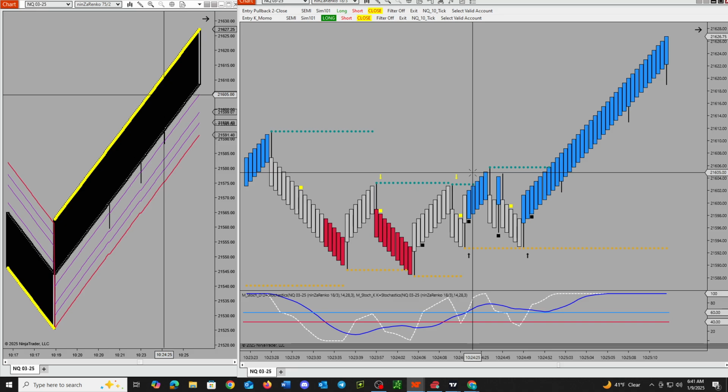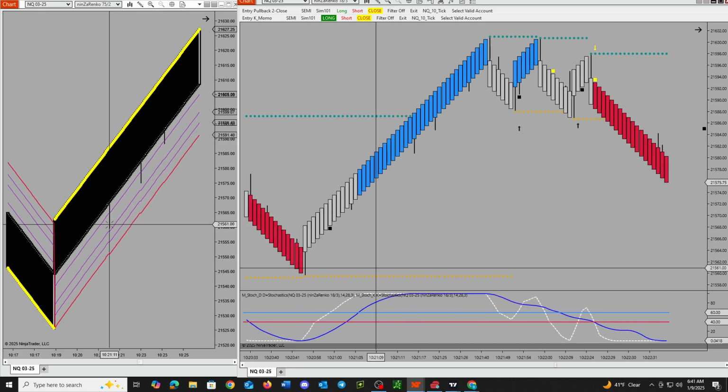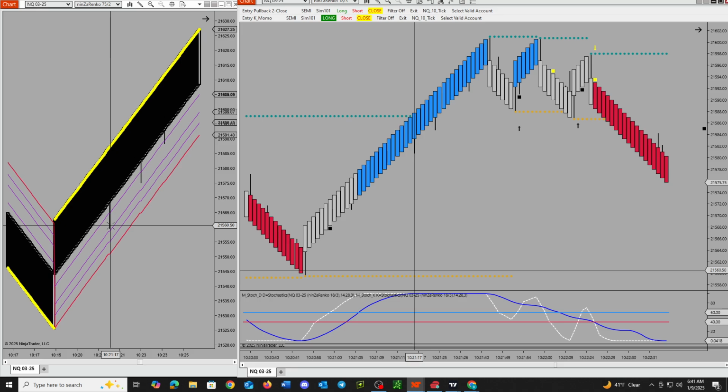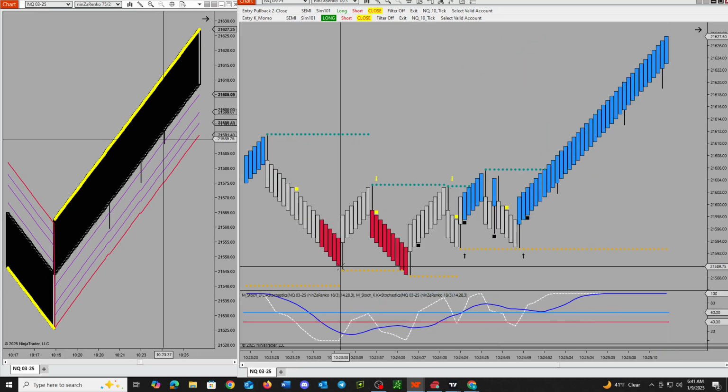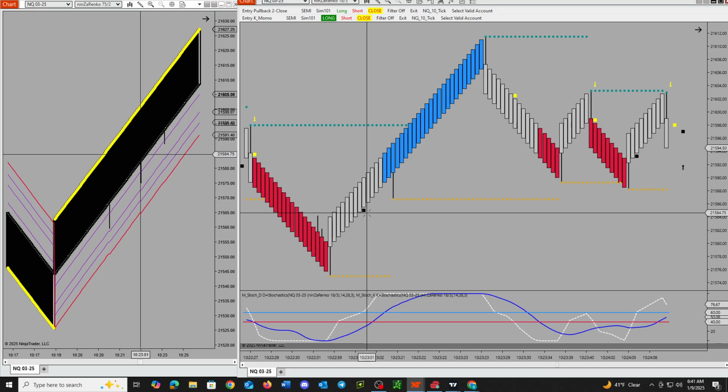So the John Wick is really, there's one primary concept in there, and that's the John Wick K-Momo trade. The second concept embedded in the John Wick trade is the first before-jiggle pullback in the direction of the trend.